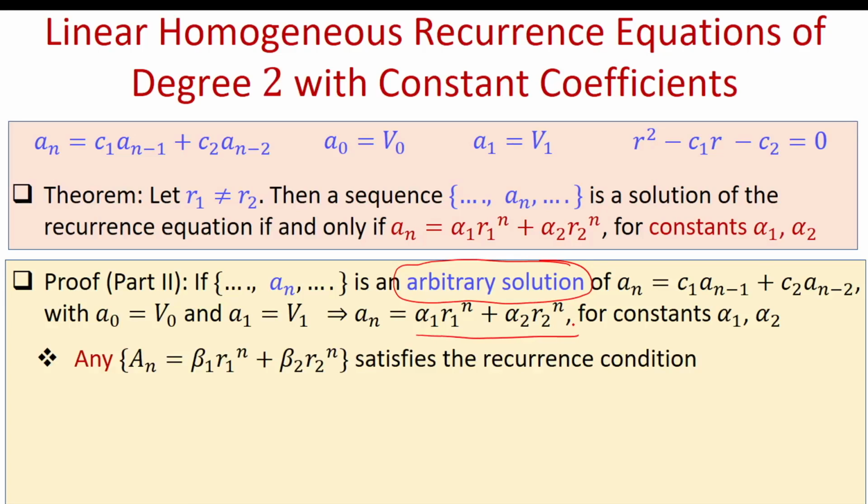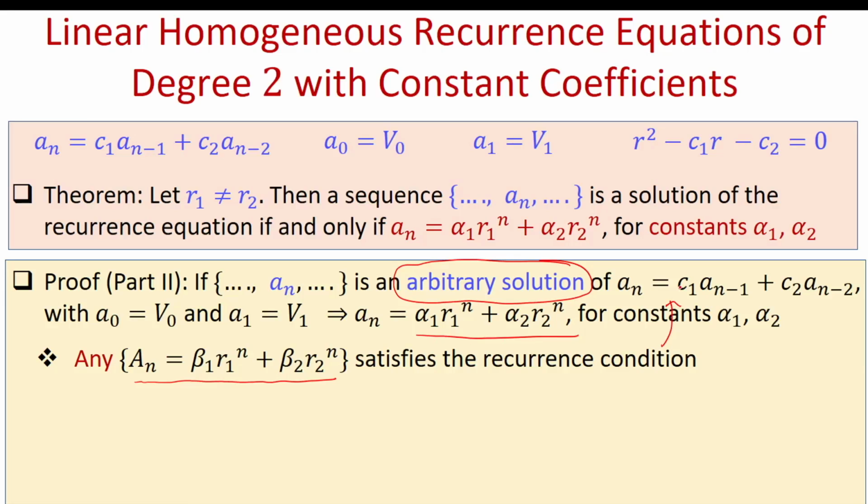For that, we first observe that from the proof of part 1 of this theorem, you take any sequence, doesn't matter what the initial condition is, whose nth term is of this form: some constant beta 1 times r1 power n plus some constant times r2 power n, it always satisfies the recurrence condition, right? This is what we proved in the proof of part 1.